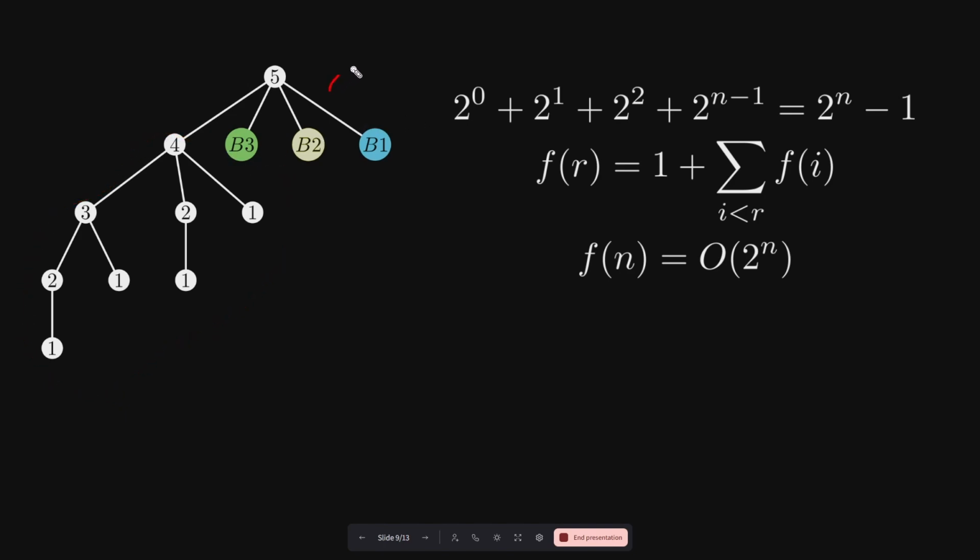This is in similar vibes to this expression that you might have seen: 2 to the power 0 plus 2 to the power 1 plus 2 to the power 2, summation of all of this is equal to 2 to the power n minus 1. So it is behaving in the same way.